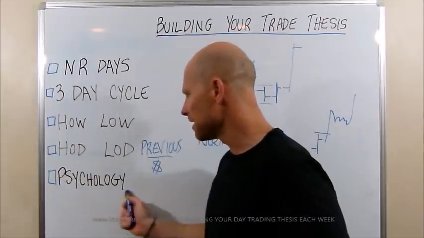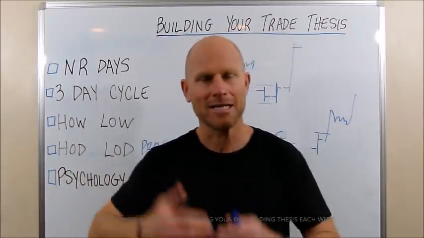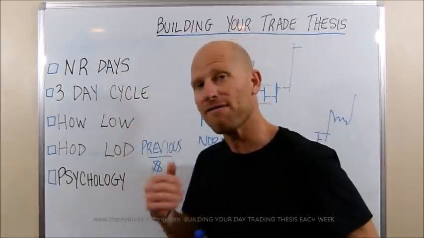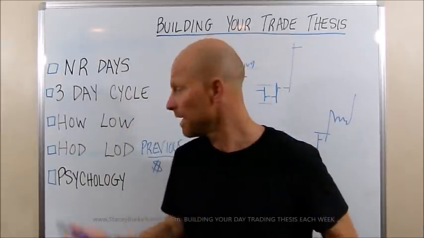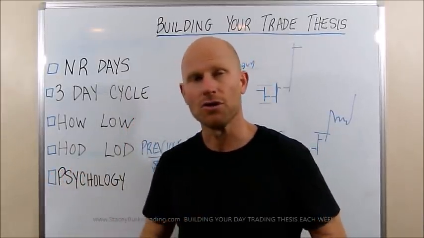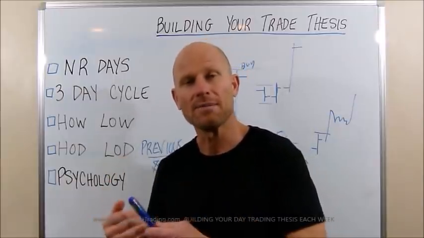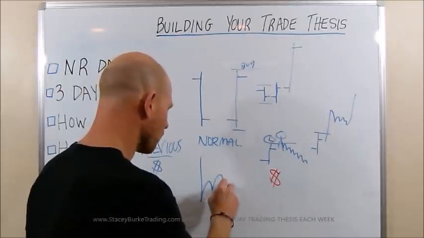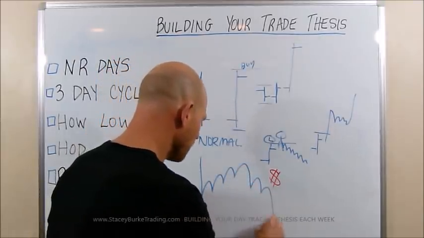So always the psychology behind my thesis each day is, are we making new lows, or are we making new highs, or are we just going back and forth from the high and low of the week? If we're making new lows or new highs, what is my thesis based on how the market trades off of that low? Is it working back into the market for a move down?